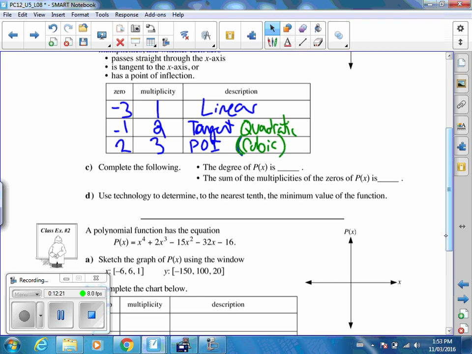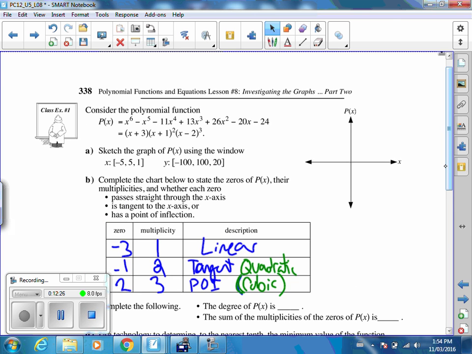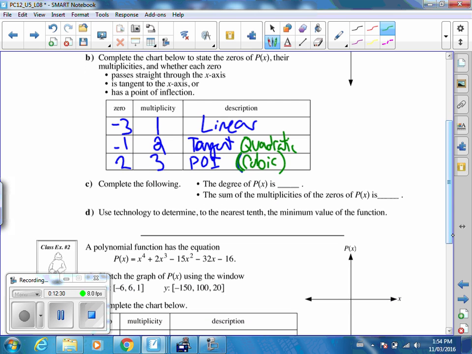So the degree of this thing is, we look back to the original, 6th degree. See? Highest coefficient. So that's my 6th degree. And if I add up all the multiplicities, 1 plus 2 plus 3, also 6.